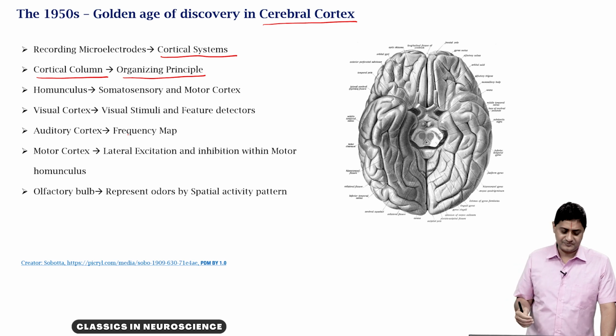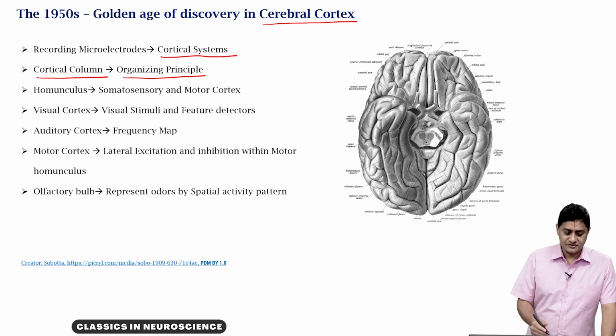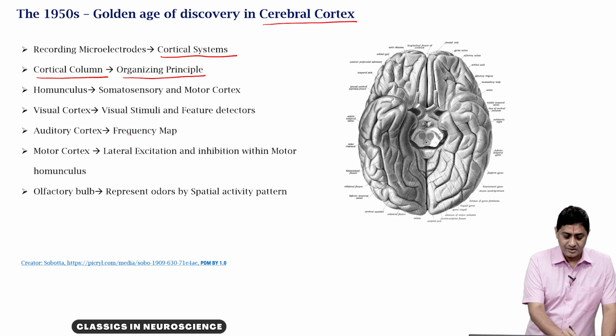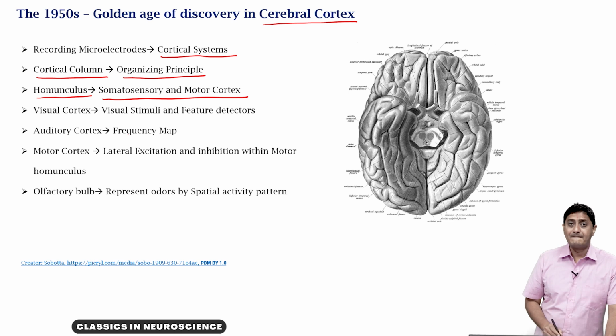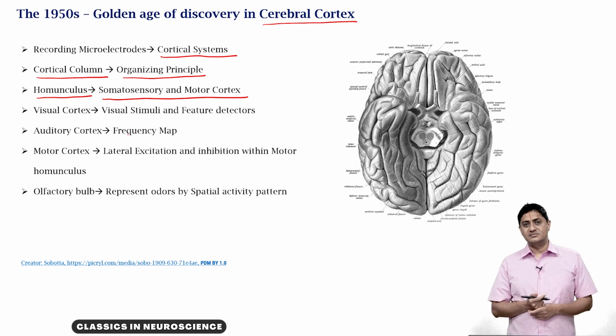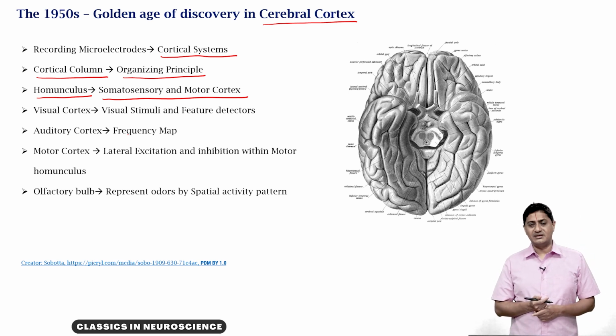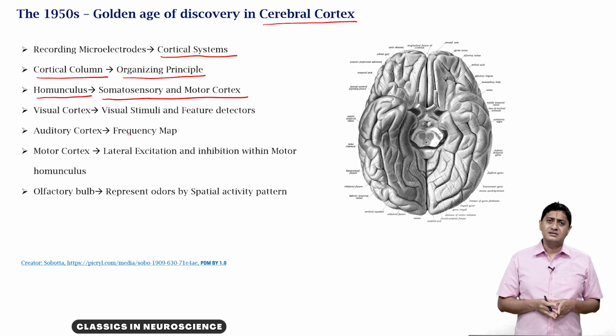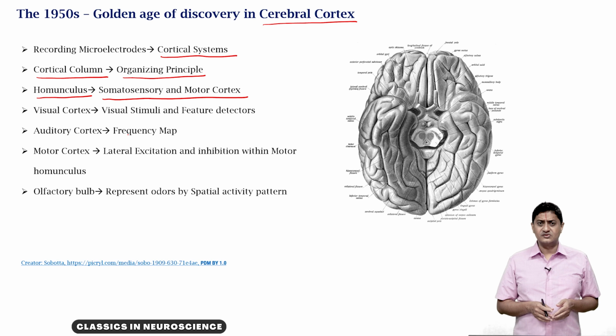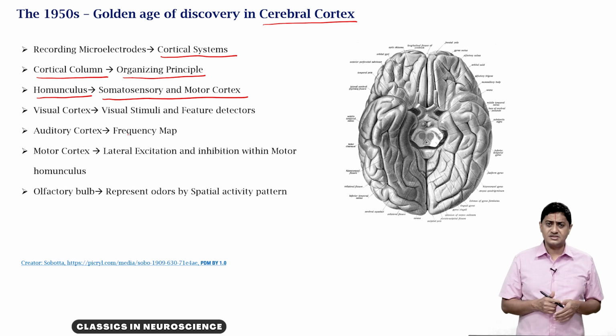It was also suggested there was the presence of the homunculus or the map of the body, the little man within the brain. This was shown to be present in the somatosensory cortex and in the motor cortex.